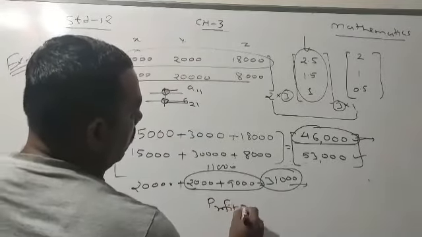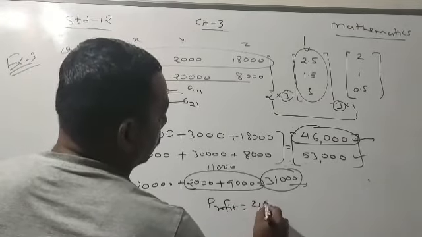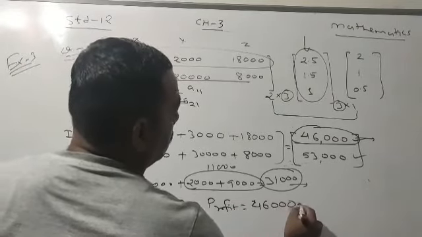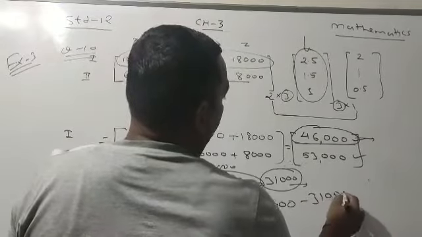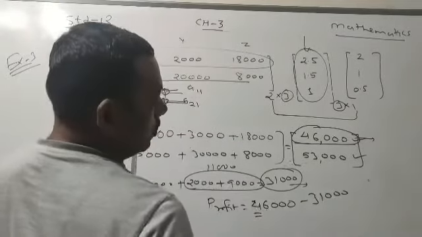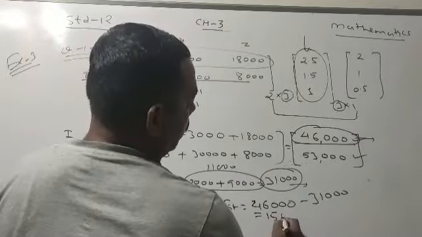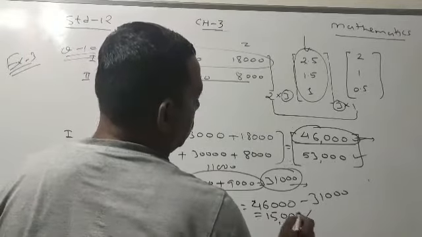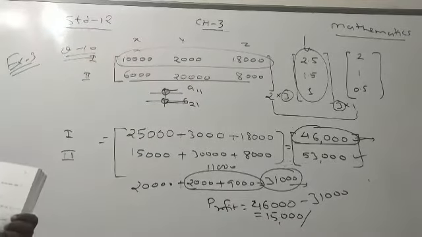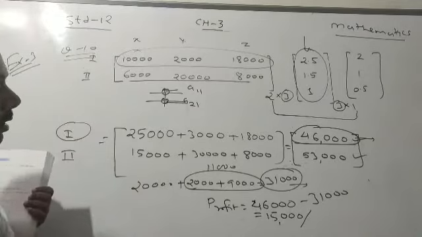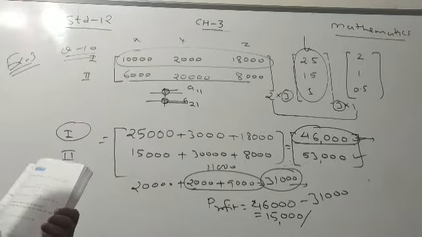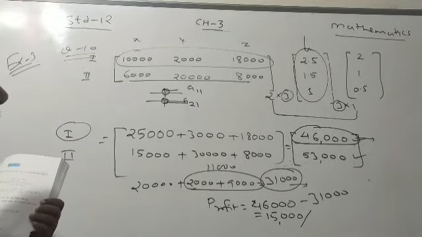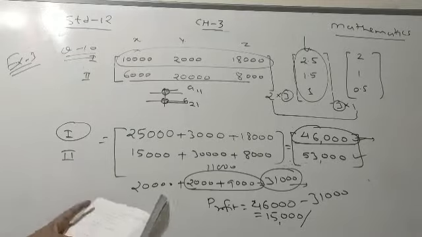So the profit is 46,000 minus 31,000. So the answer is rupees 15,000. This is our answer for market 1. The same thing you have to do for market 2. You will get the profit for market 2.